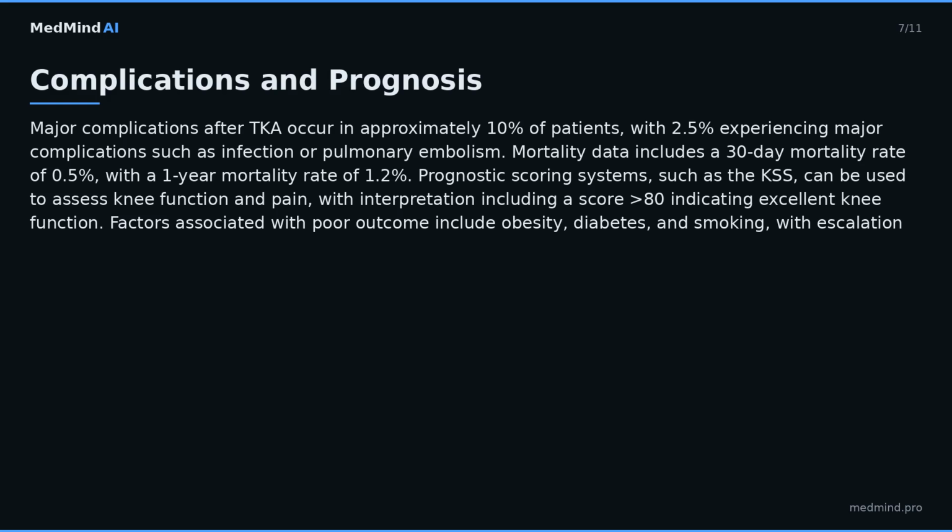Prognostic scoring systems, such as the KSS, can be used to assess knee function and pain, with interpretation including a score greater than 80 indicating excellent knee function. Factors associated with poor outcome include obesity, diabetes, and smoking, with escalation of care or referral to a specialist recommended for patients with signs of infection or neurovascular compromise.